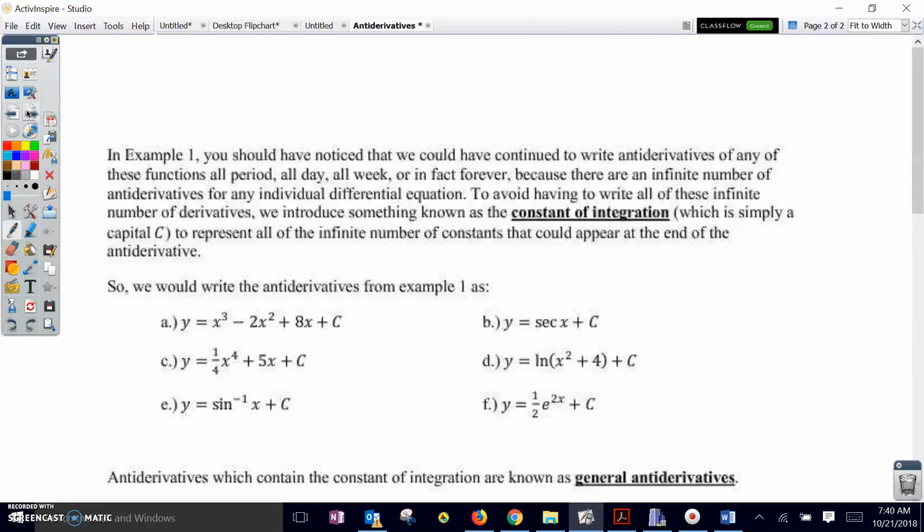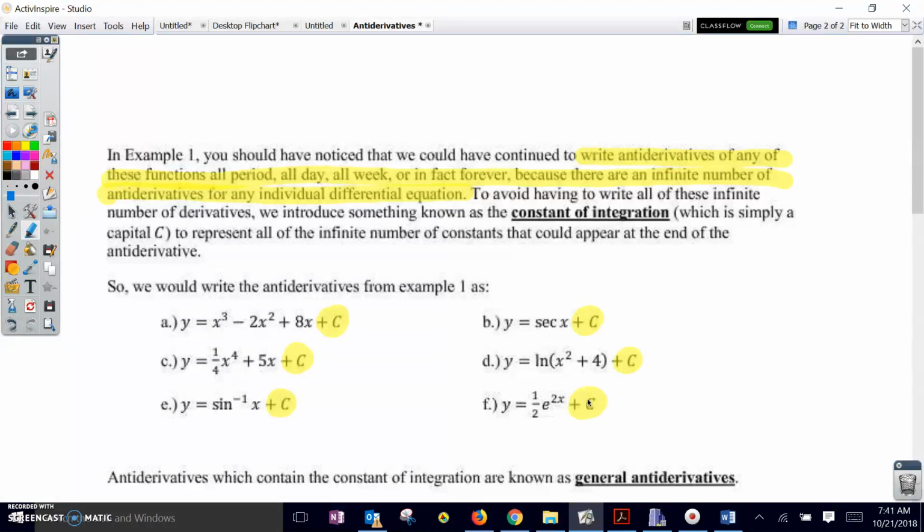Now, I talk here very briefly about the fact that there are an infinite number of antiderivatives that we could write with these different constants. And so instead, typically when we ask for an antiderivative, we're talking about the general antiderivative. When we write those, we use a capital C to represent this constant that we can have on the end, and that represents any constant.